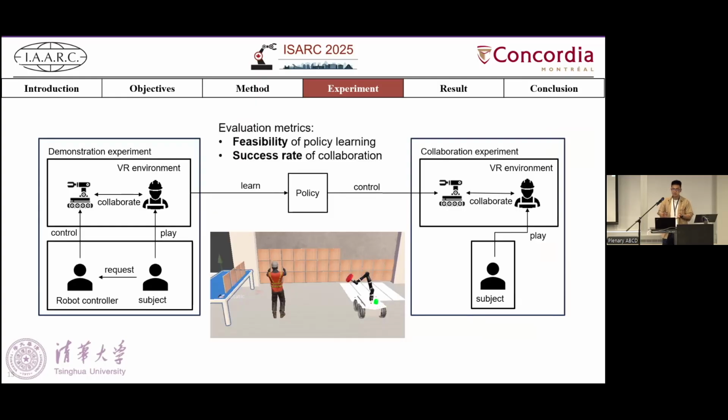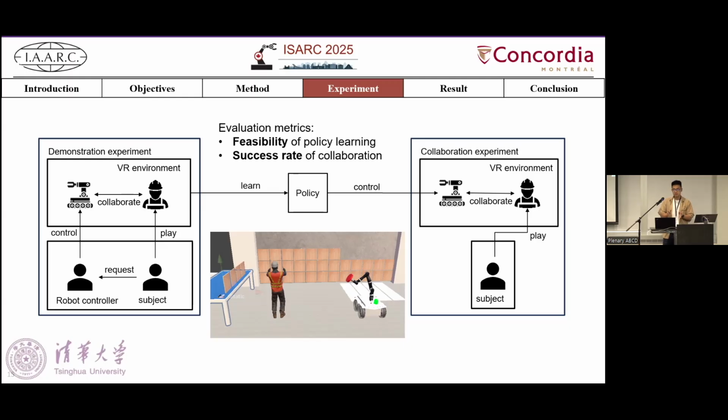The whole experiment contains two phases. The first we call a demonstration experiment. In this experiment, the participants are required to play the role of the robot controller. They only perform specific actions when the subject requests them to do so.